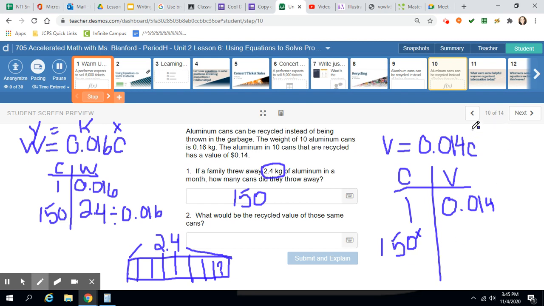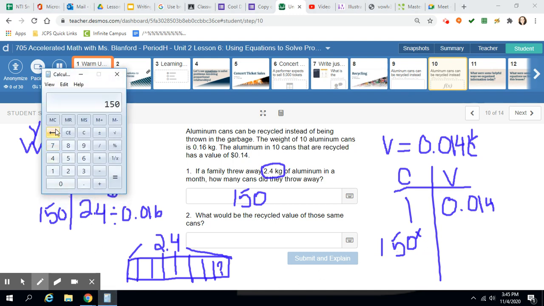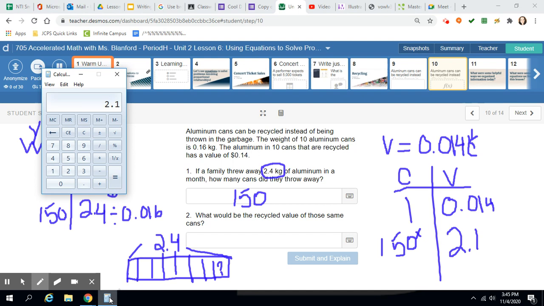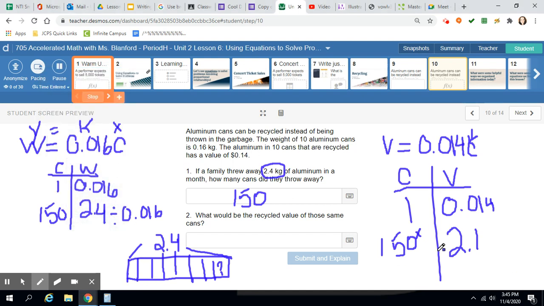So if I put 150 into this C, I do 150 times 0.014. Let's see. Okay, so I get 2.1. Is that right?